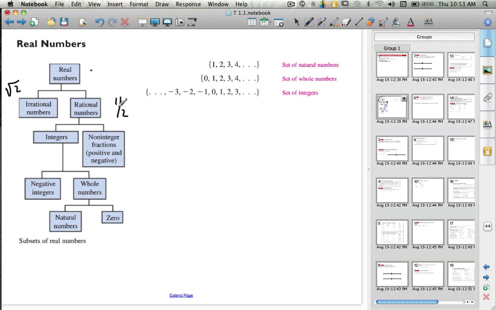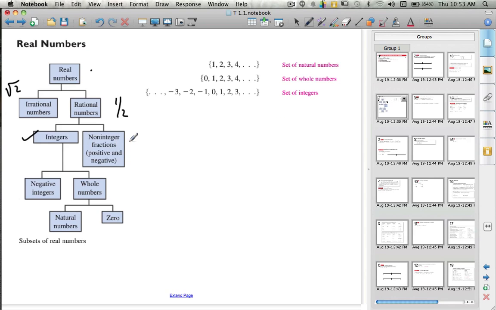Rational numbers are all numbers that could be expressed somehow as a ratio between two numbers, including some other numbers like natural numbers: 1, 2, 3, 4. Whole numbers, the difference between whole numbers and natural numbers is you add in 0. And the difference between integers and whole numbers is you add in the set of negative numbers. So these are all rational numbers. Integers are the numbers like -1, -2, -3, 1, 2, 3, 4.